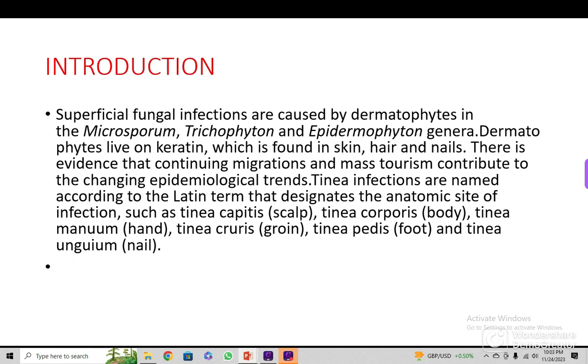Tinea infections are named according to the Latin term that designates the anatomical site of the infection, such as Tinea capitis, scalp; Tinea corporis, the body; Tinea manuum, the hand; Tinea cruris, the groin; Tinea pedis, foot; and Tinea unguium, nail. Remember these terminologies if you can.